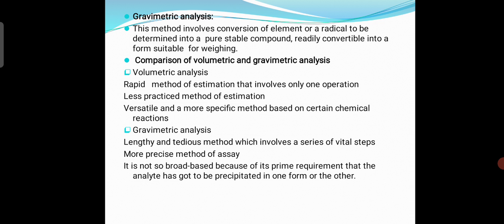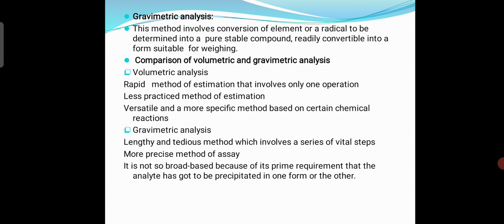So what is the difference between this volumetric and gravimetric analysis? In volumetric analysis, it is a very rapid method, means fast method. Gravimetric means it is very lengthy and it is time consuming also. And more accuracy is for gravimetric analysis. And titrimetric means it is a very specific and versatile method.